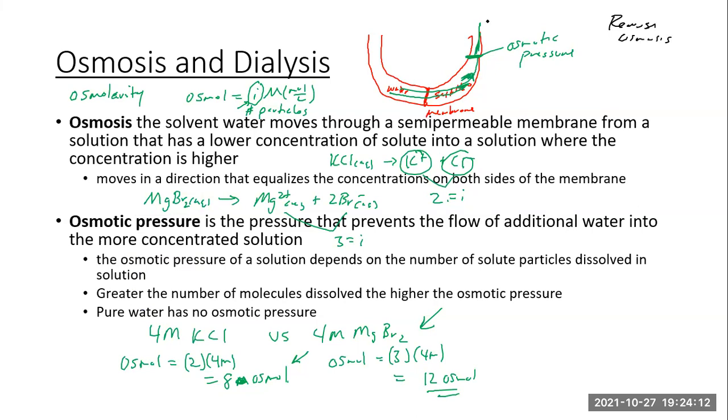In reverse osmosis, we apply a pressure greater than the osmotic pressure back down on this. And basically what that does is it pushes everything back the other way. And if you have a really good filter here, you could catch all the particles and stuff like that.